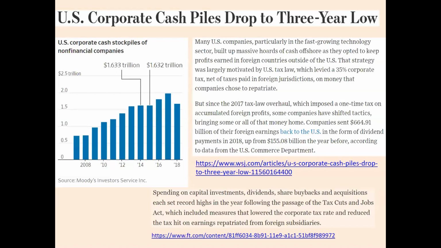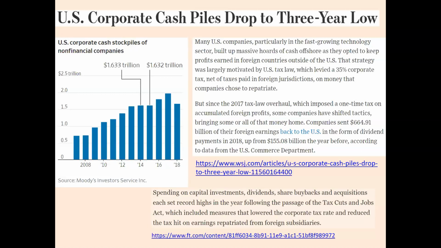Before I do that, just to give you some insight into what's happening in the real world. When the financial crisis happened, right about 2008, firms were stockpiling their cash because interest rates were rather low, so they took cheap debt. Plus, a lot of these firms, like your Apples, had a lot of excess cash in foreign countries, and they were reluctant to bring it back because they had to pay a very high tax rate on that. But after 2017, things have changed.